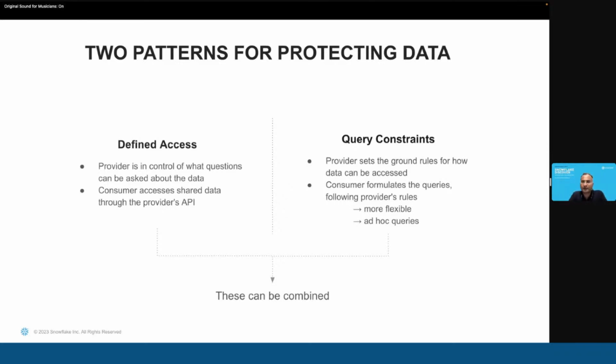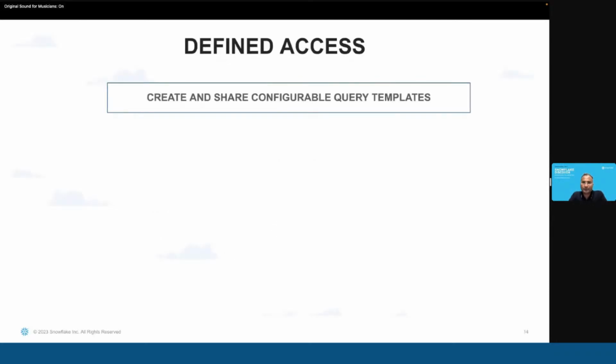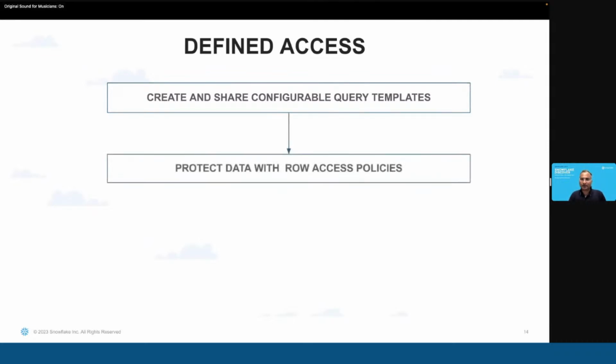And in Snowflake Data Clean Room, we are combining both of these features. What we basically do is create a query template, which I will show you in my demo. In the subsequent slides, I will show you how this template looks. Once that template is there, we apply the row access policies. If partner one is there, partner one may access, say, 10 out of 100 rows. Partner two may access 20 of those 100 rows.